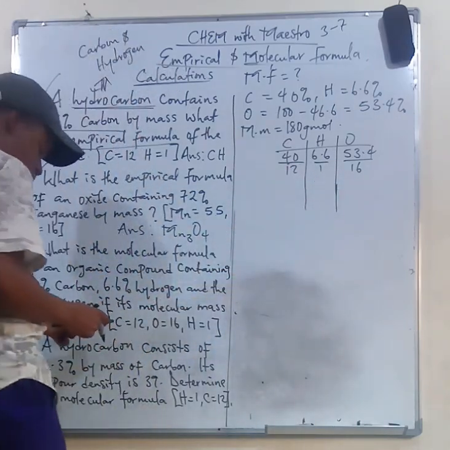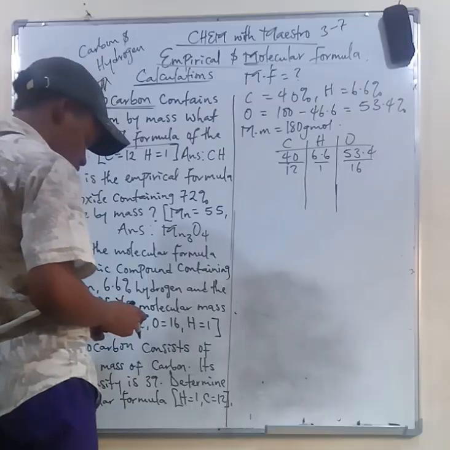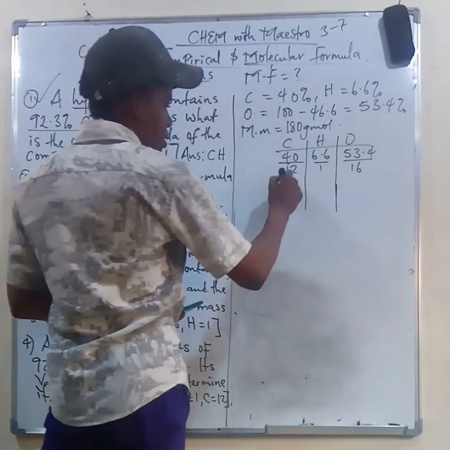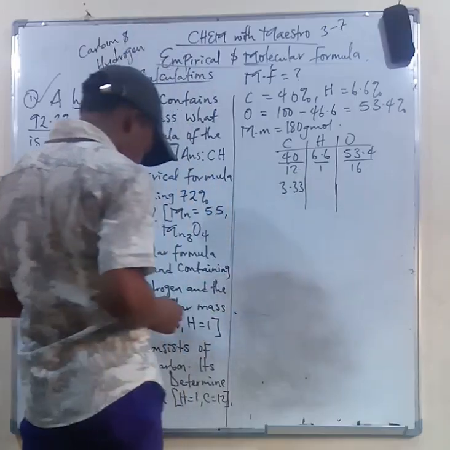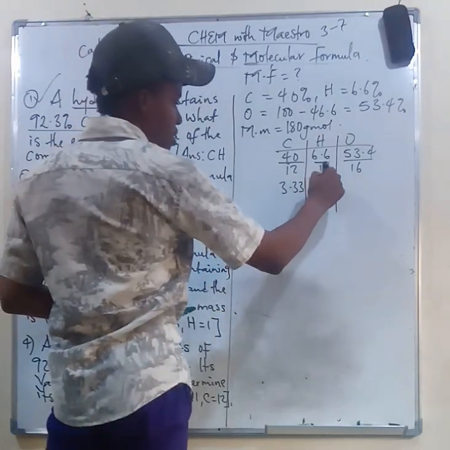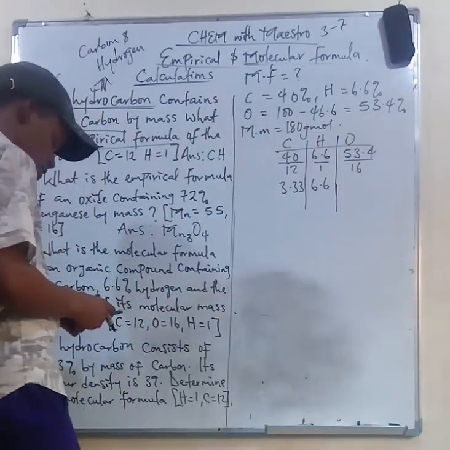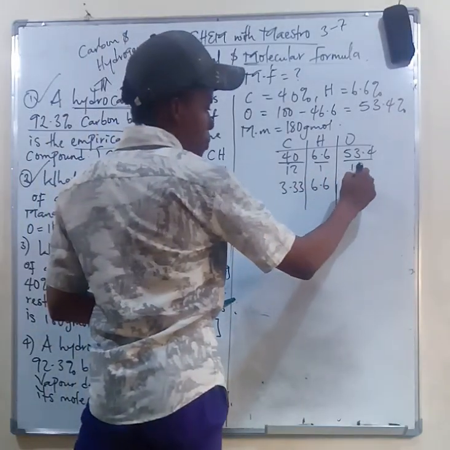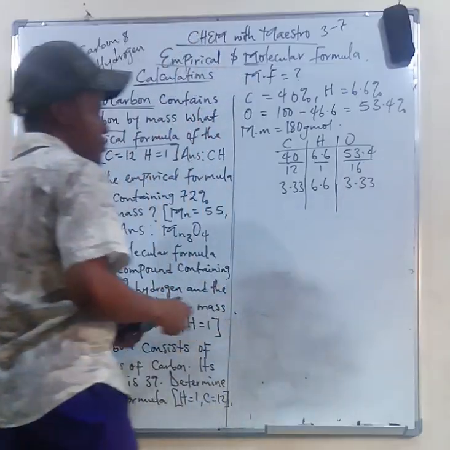So 40 divided by 12, what do we get? 3.33. Then 6.6 divided by 1 is 6.6. Then 53.4 divided by 16, we also got 3.33.